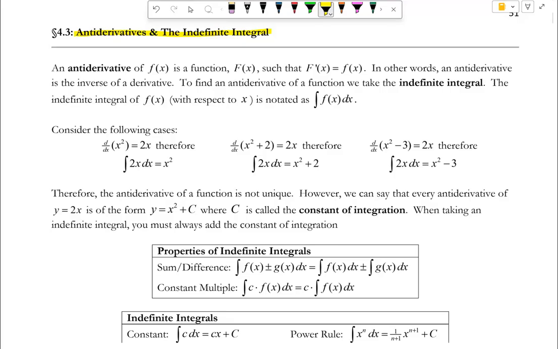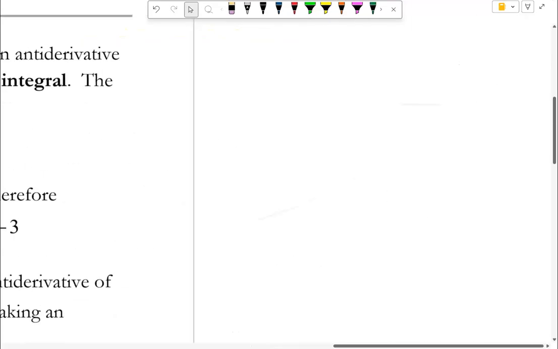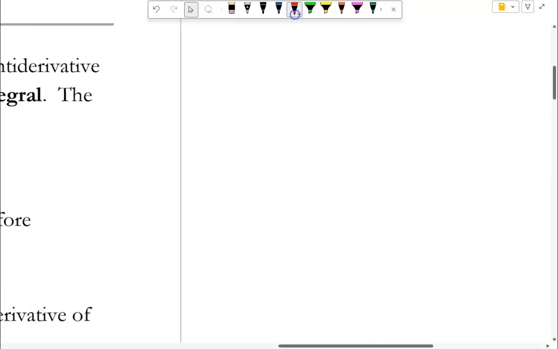So when we take the derivative of a function, that is an operation, right? I know the derivative of f is f prime. The derivative of f prime is the second derivative of f, or f double prime. So there has to be a way to go backwards.